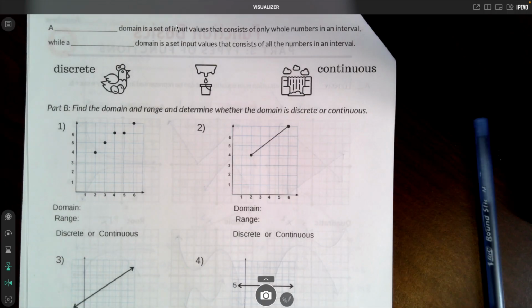Chickens lay eggs. Now they lay one egg at a time. So you can have one, you can have two, you can have three, you can have four, but you can't have 1.5 eggs. I've never seen a chicken lay half an egg. It would have to be cut right down the middle. Basically what I'm saying is discrete is just whole numbers.